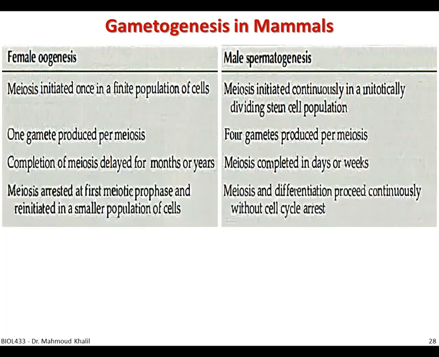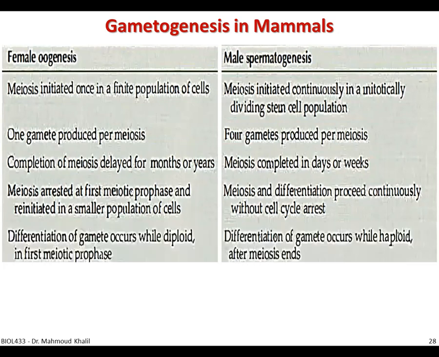Meiosis is arrested, as I've just said, after the first meiotic prophase and reinitiated in a small population of cells. And this is very crucial to preserve the finite number of oogonia present in the female. While in spermatogenesis, meiosis and the differentiation to the sperm proceed continuously without cell cycle arrest.